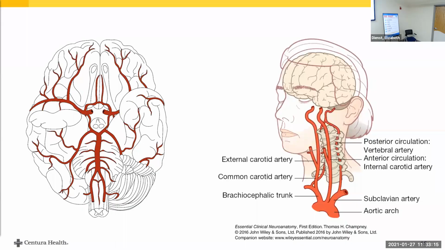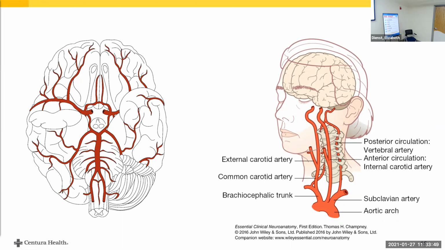So this is a great slide. It's going to show you the two arteries that feed the brain. You have your carotid arteries here that go up, and then also your vertebral artery. And these are your two main feeders into your brain. When you get into the brain itself, those will split off into your anterior and your posterior circulation.